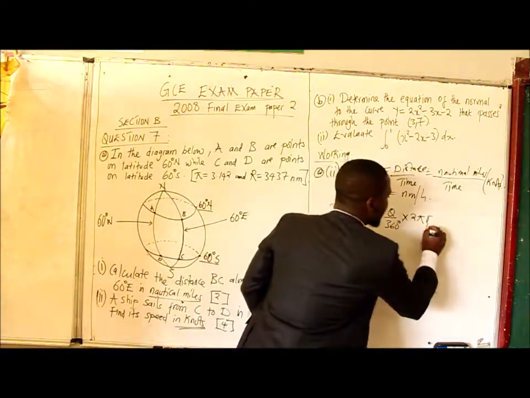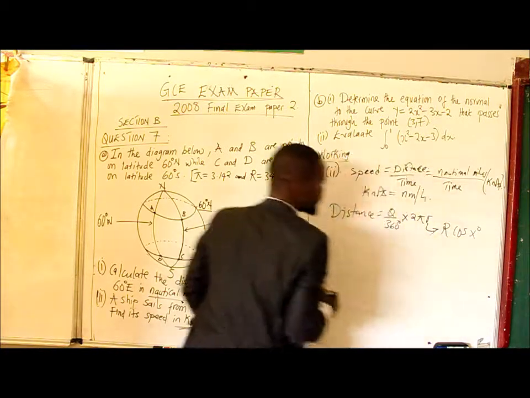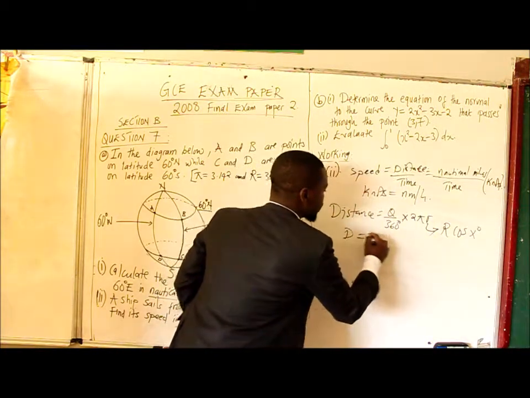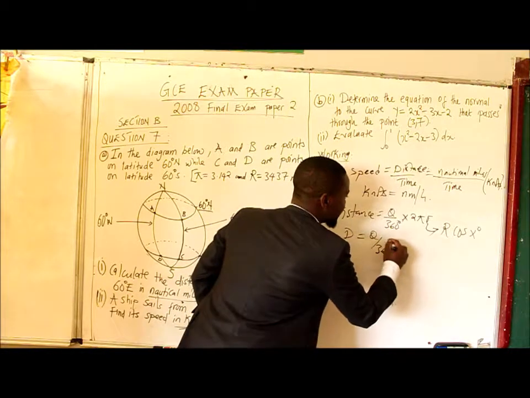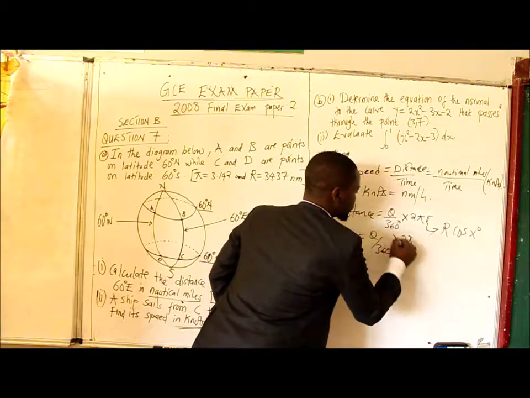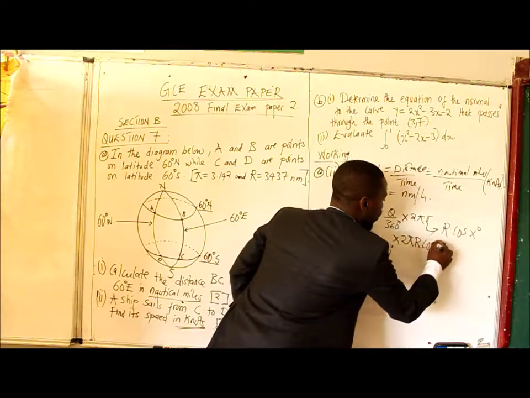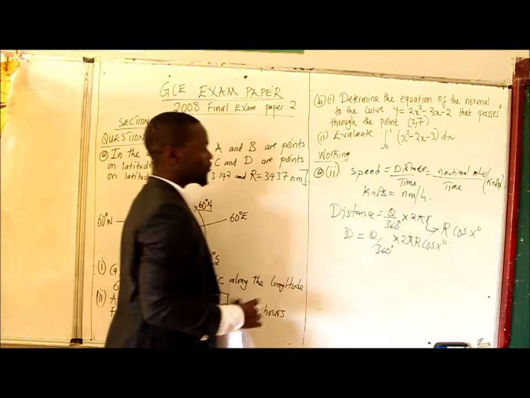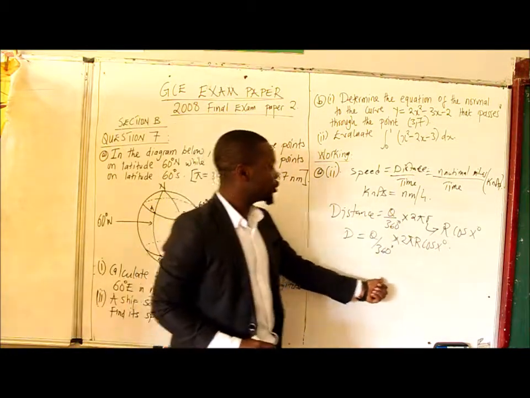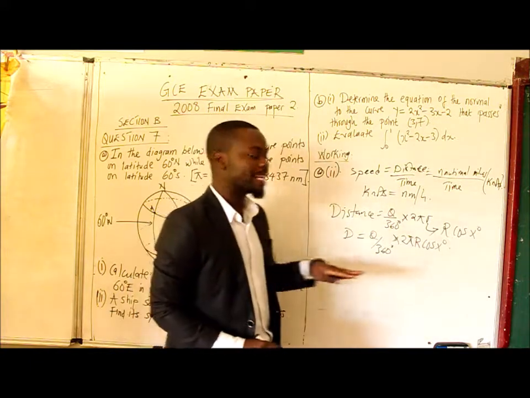Small letter r is r cos x degrees. So the distance is equal to theta over 360 degrees times 2 pi r cos x degrees. This is the formula which we must use when we want to calculate the distance along the latitude.